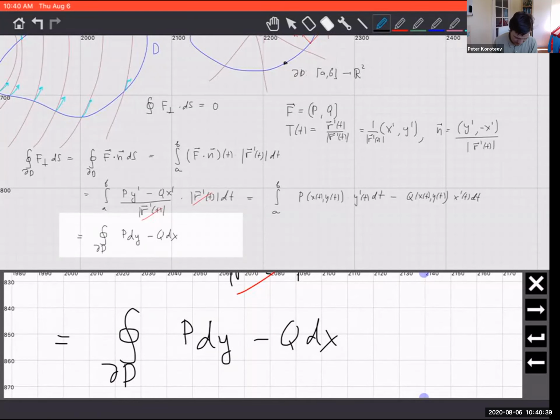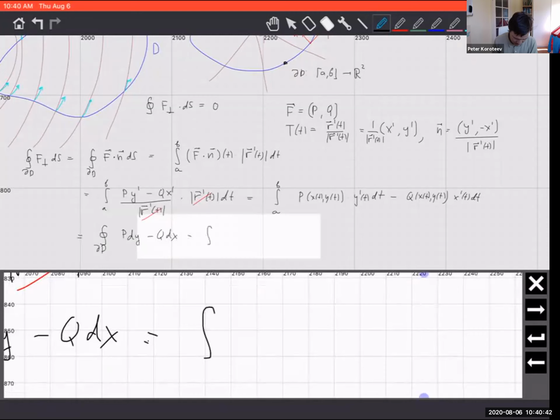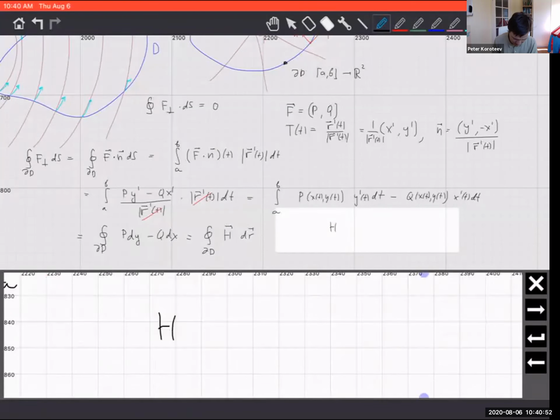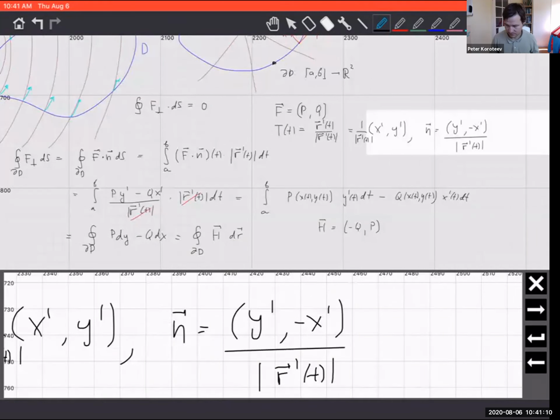Or we can say that this is a new vector field, let's call it h, with integral h dr over the boundary, where h has components negative q and p. See, it looks very familiar. It's the negated y component and x component, the same way as the normal vector behaves.